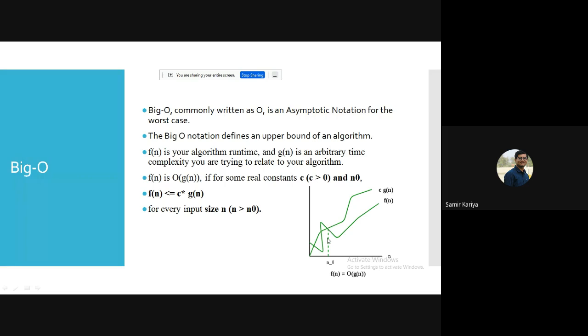So we have to find this n0 value. After n0, for all values of n greater than n0, this function is greater than or equal to F of n. That's big O. We are simply finding the upper bound.